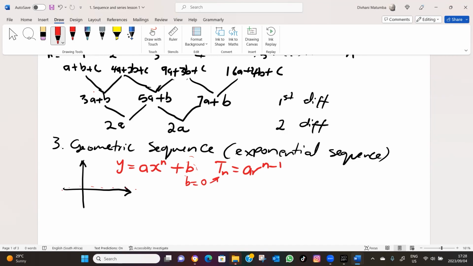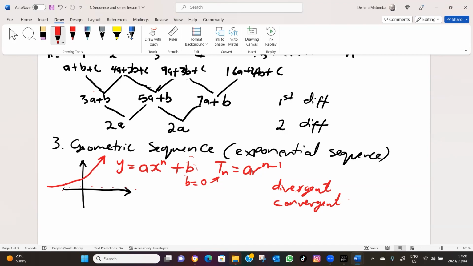So we have two types of geometric sequences. We have divergent and convergent. Now, this is a diverging function. Why is it called a diverging function?